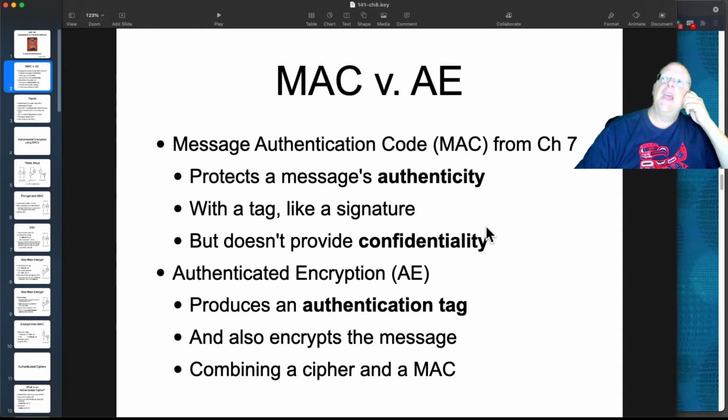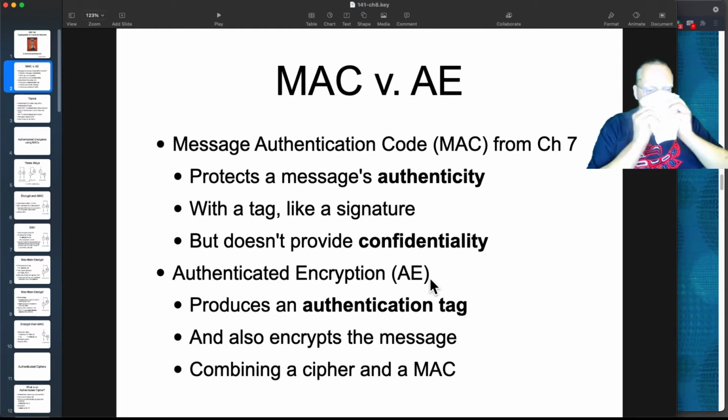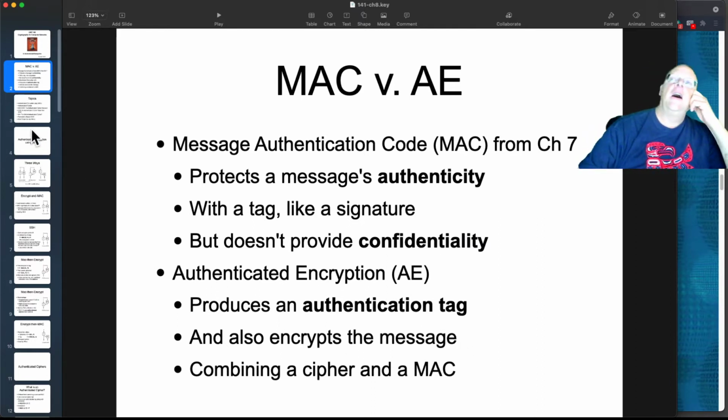That's just like a hash value attached to the message, a little bit more than a hash value, because it has a key, so you know not only that it has not been altered, but you know who sent it. But what we want is authenticated encryption this time, where we're going to create not just an authentication tag, but also encrypt the message. So you'll have confidentiality and authenticity and integrity.